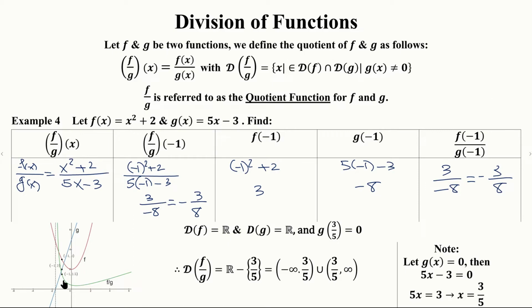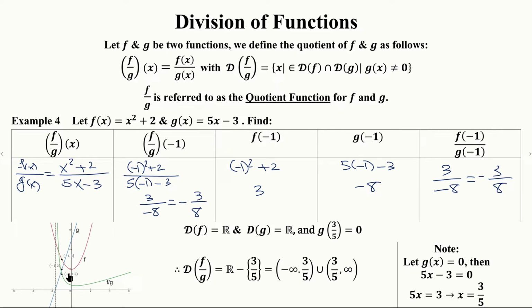Okay. Now, visually speaking, this is what we're looking at. We're dividing the red function, which is x squared plus 2, by the blue function here, which is representing this linear function. Now we can see the quotient function, kind of an interesting scenario.